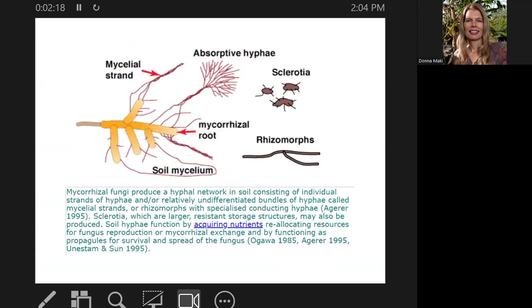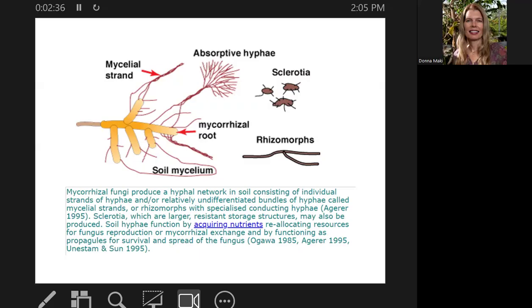Last week, we looked at the idea that mycorrhizal fungi can look and behave a little differently, depending on where they are. You certainly have mycorrhizal fungi interacting directly with the root.